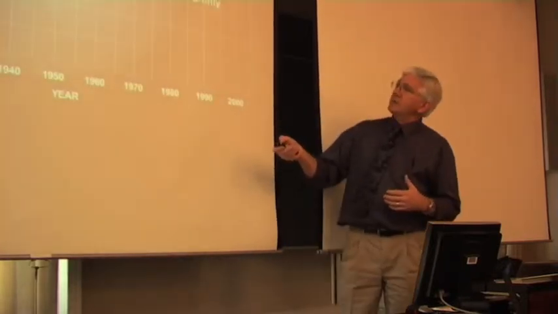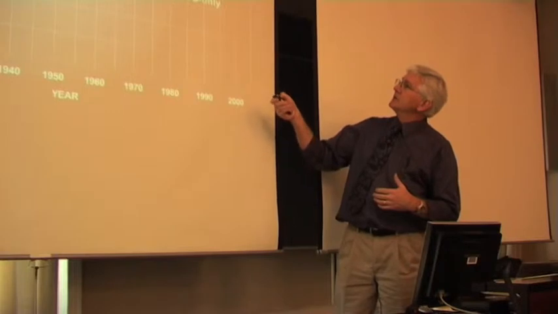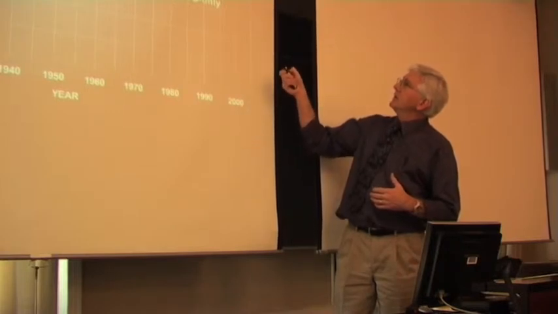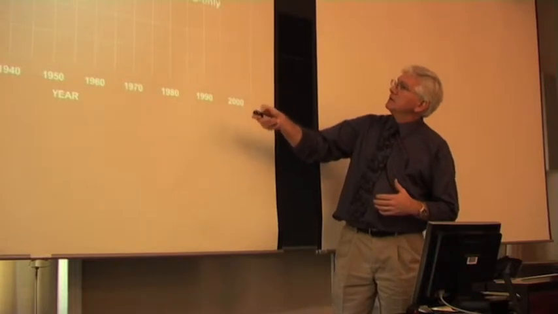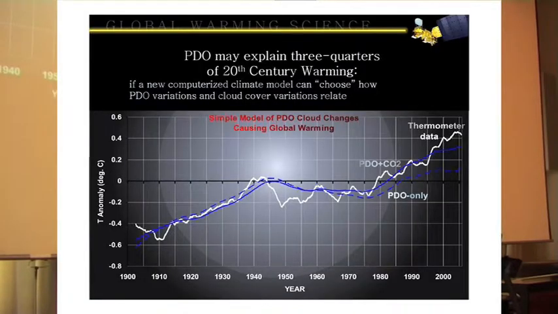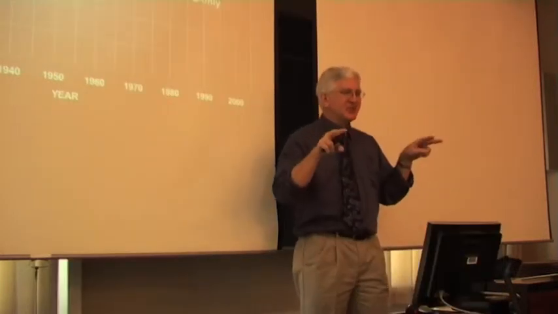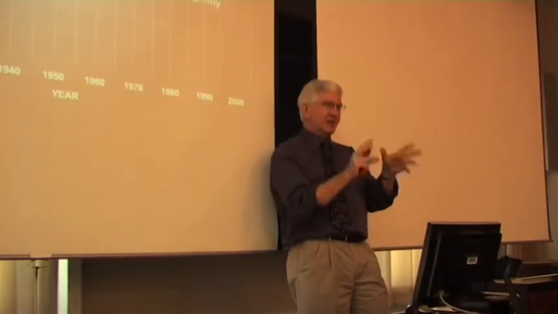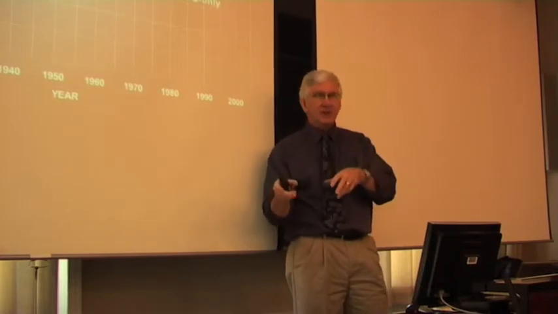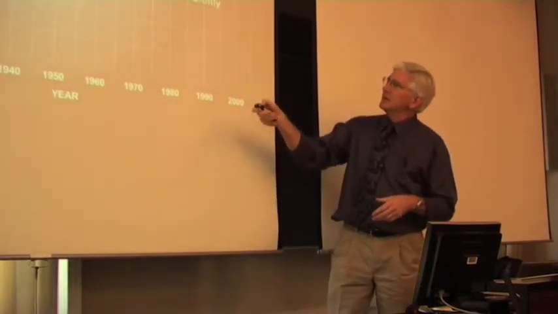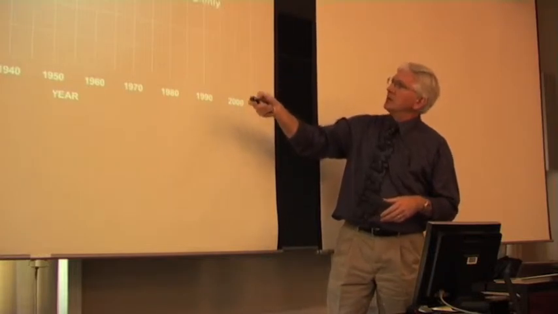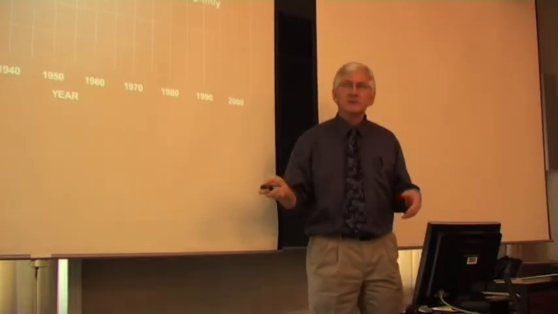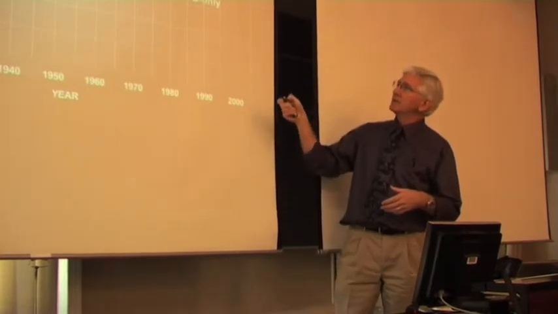And there were many thousands of computer model simulations that came out that looked like the thermometer. So this is an average of all of them. If the computer gets to choose how much to change the clouds by with the PDO index, then you can come up with this for what might have caused the temperature changes in the 20th century.